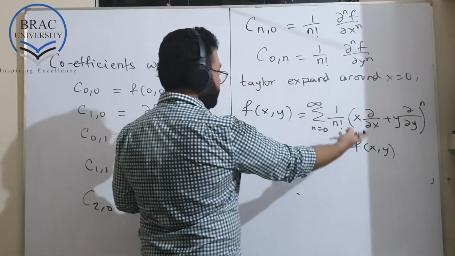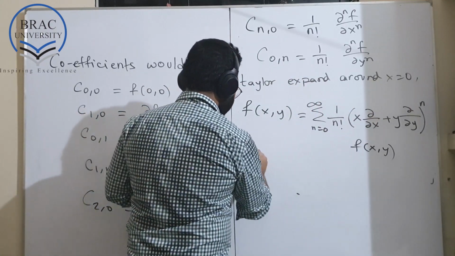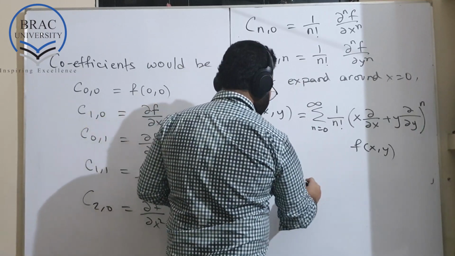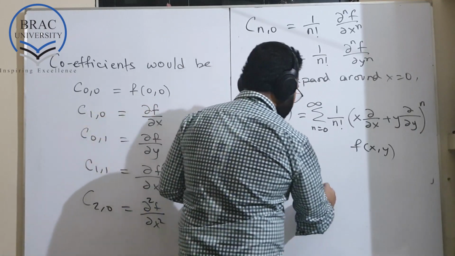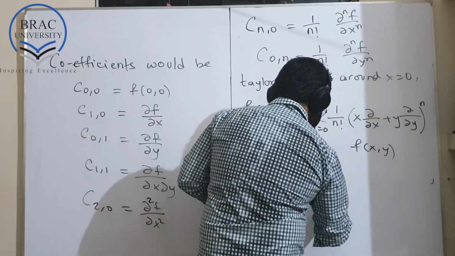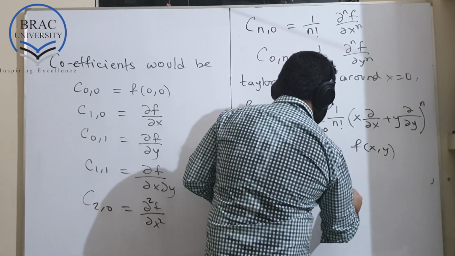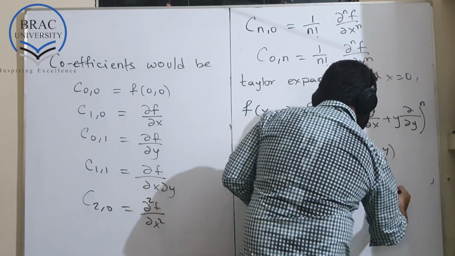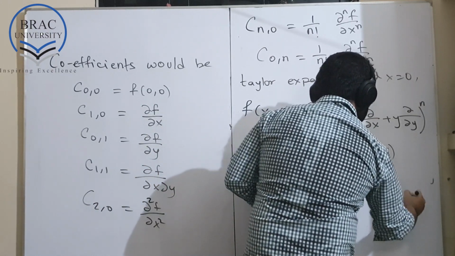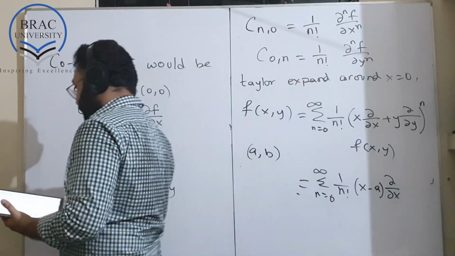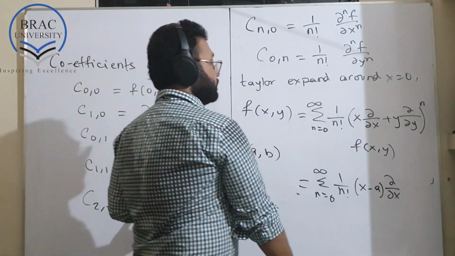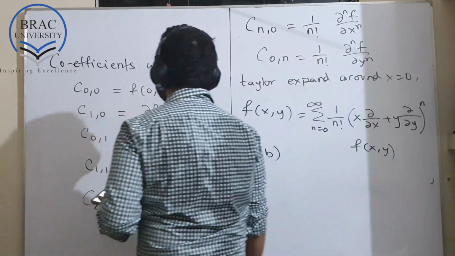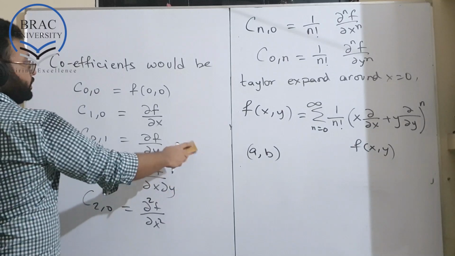If we want to make this a Taylor expansion, we just replace x with x minus a. We have to put an expansion with respect to a point, let's say Taylor expanding around the point a comma b. This would just be 1 over n factorial times x minus a. I ran out of space, let's just write it here.